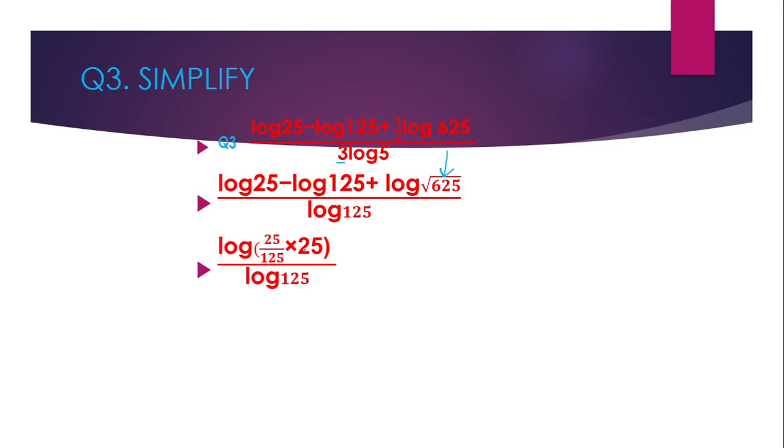We know that 25 can go into 125 five times. So if we do that, we are going to have this expression with our denominator log 125. Still we know that 5 can go into 25, which is 5 times. And to simplify this, remember we are simplifying and not calculating for the value of x.